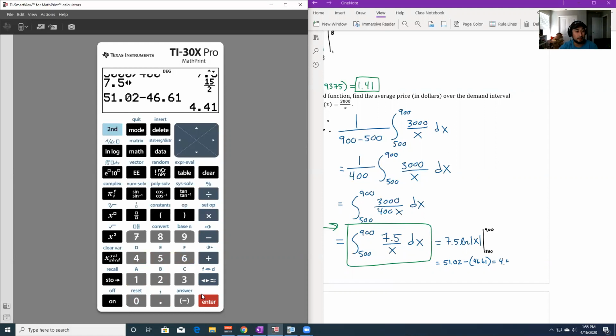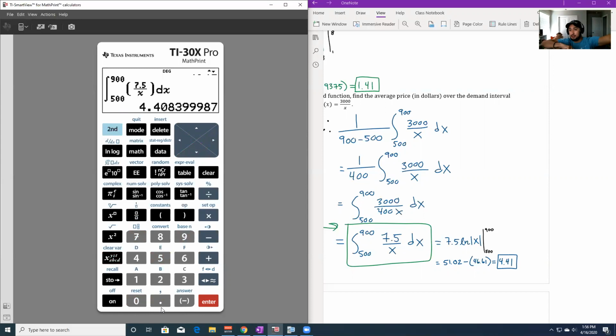Okay, and then for my special calculator people, well, let's type it in. We're going to type in the green box that I have right there. From 500 to 900 of fraction 7.5 over x, 4.41.